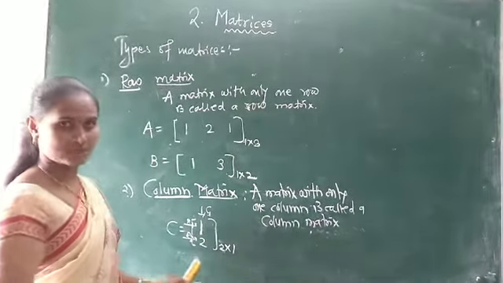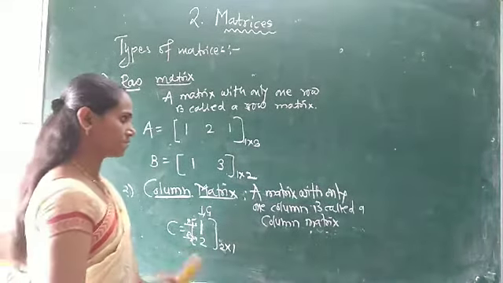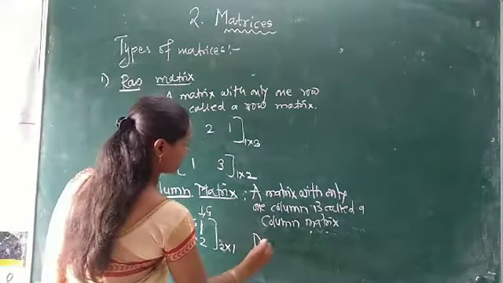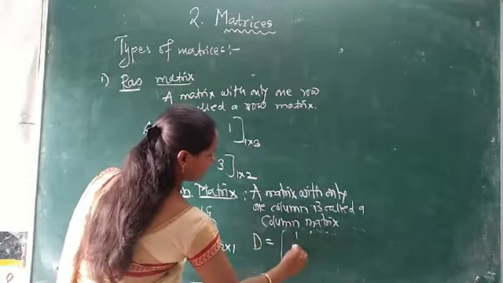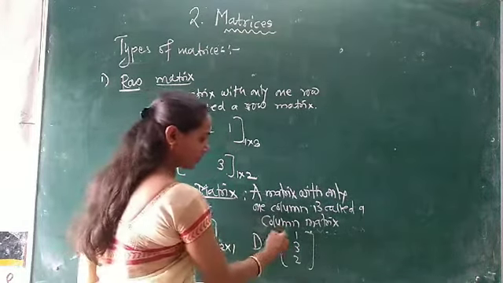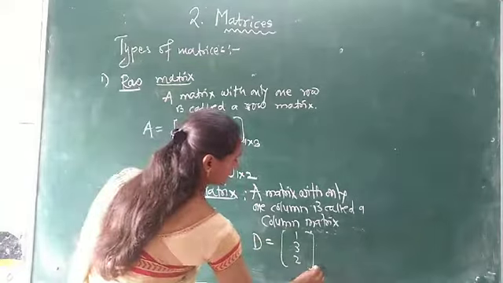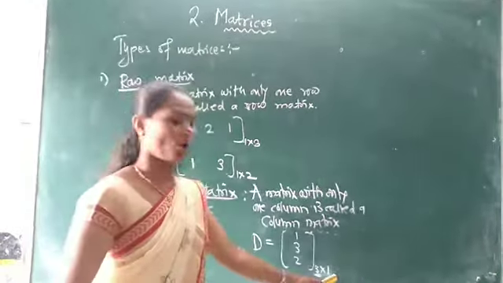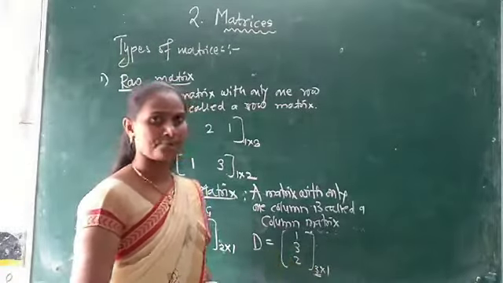So this matrix is called a column matrix. A matrix having only one column is called a column matrix. Another example, 1, 3, 2 written vertically, is a matrix of order 3 by 1, where rows are 3 but the column is 1.